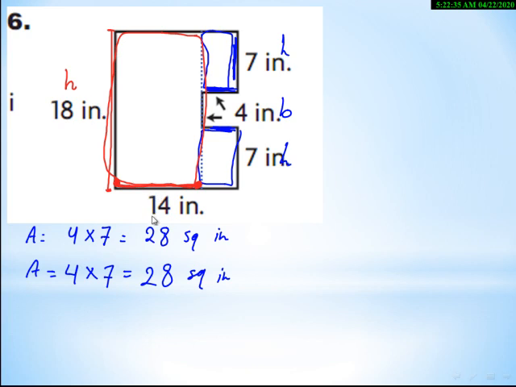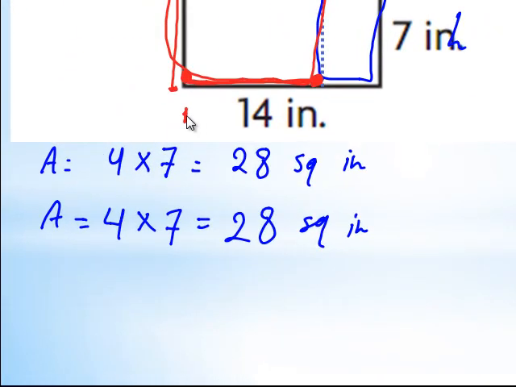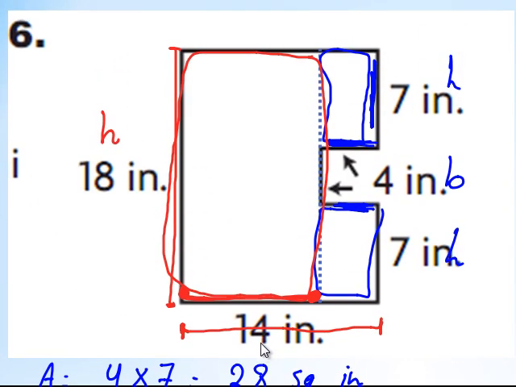Now, it's not 14, because 14 is the length of the whole side from the beginning to the end. 14, I'm gonna subtract 14 minus what? Minus this part, the blue part. Which equals what? Equals exactly 4 according to the opposite side.